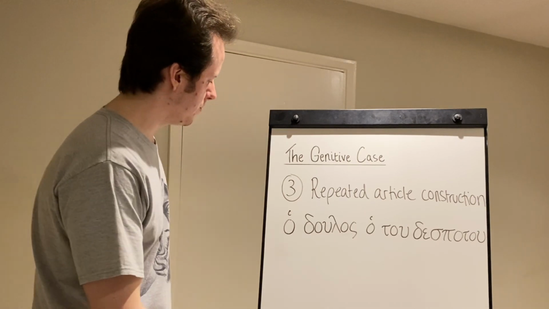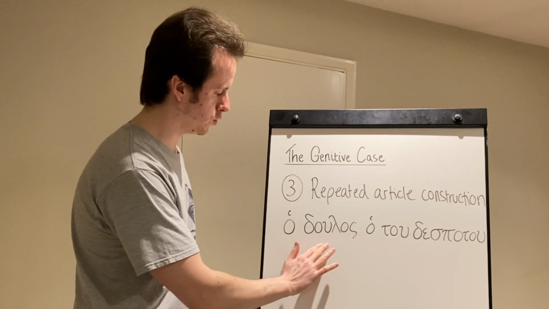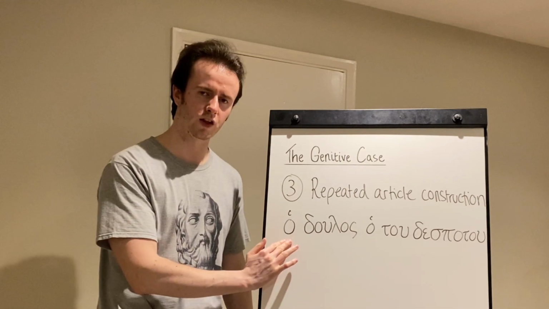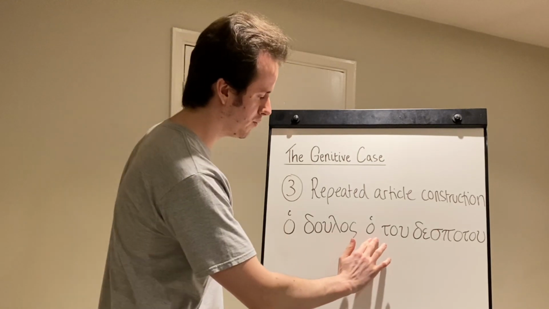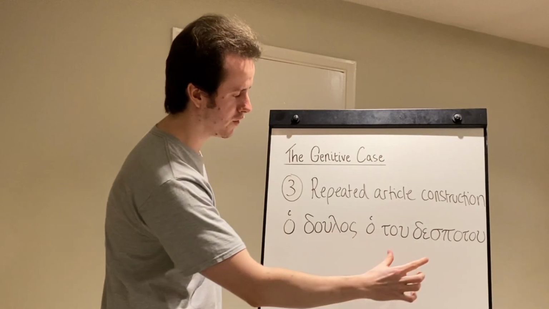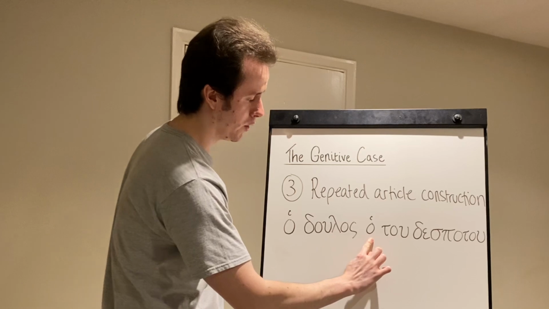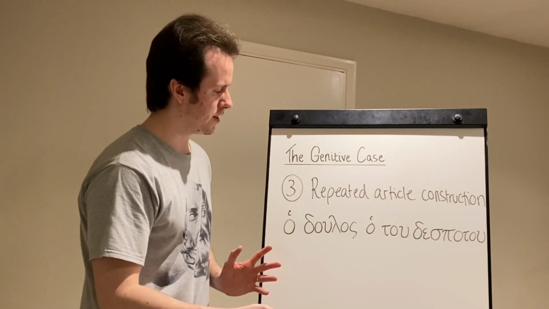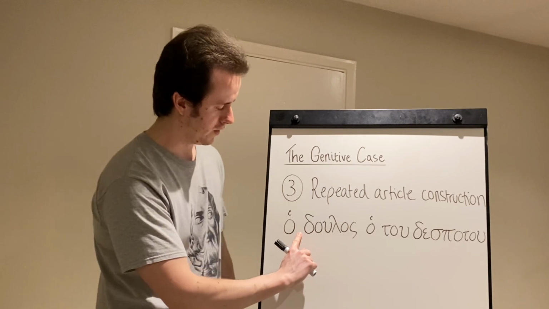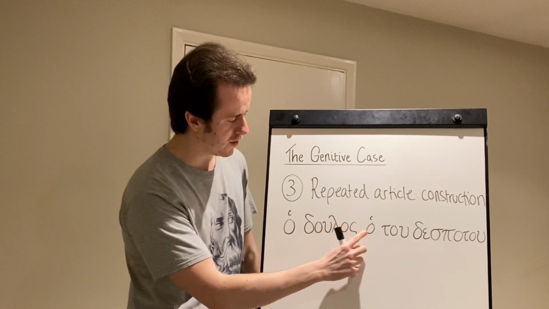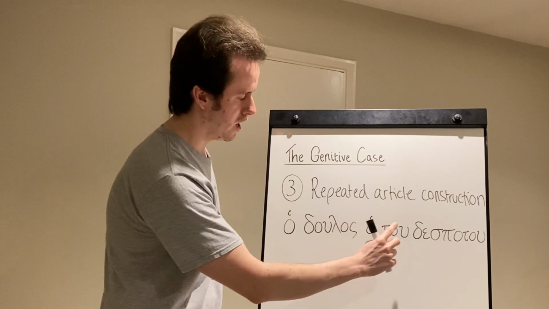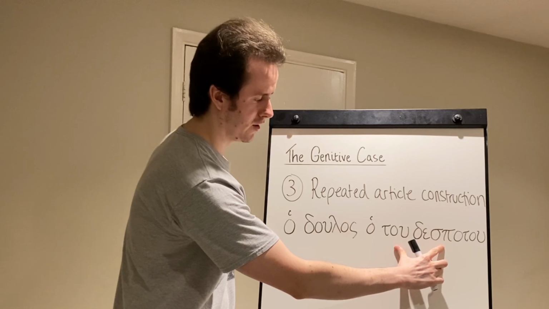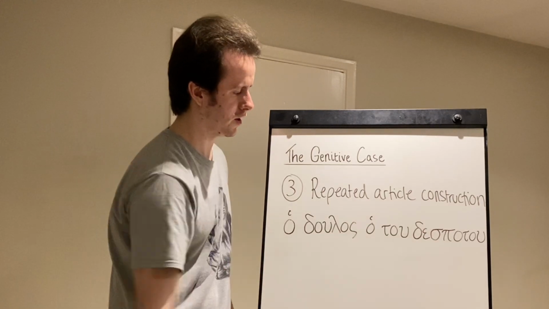So you can see that the definite article of doulos, the masculine nominative singular definite article, has been repeated. And then you've got the genitive phrase following that repeated definite article. So instead of sandwiching the genitive in here, we have repeated the definite article and then put the genitive phrase after the repeated definite article.